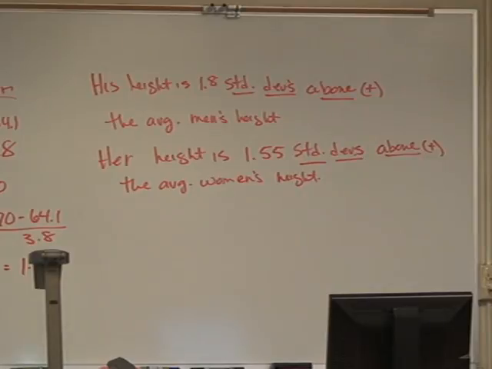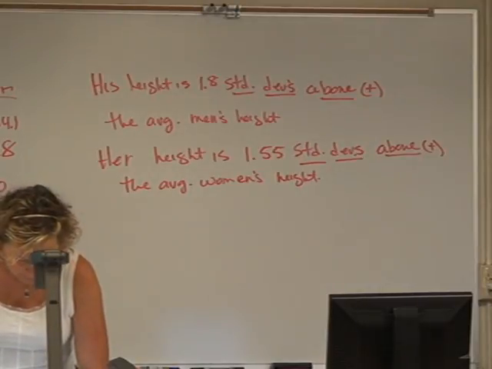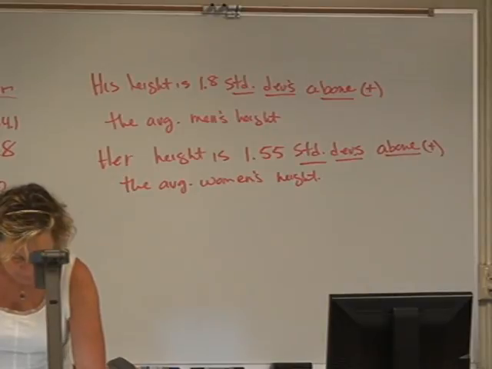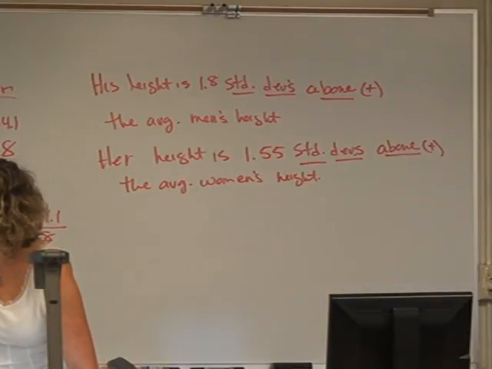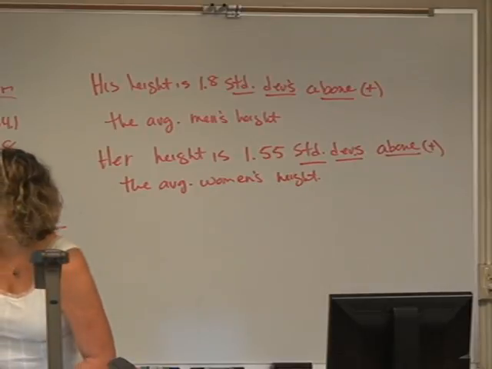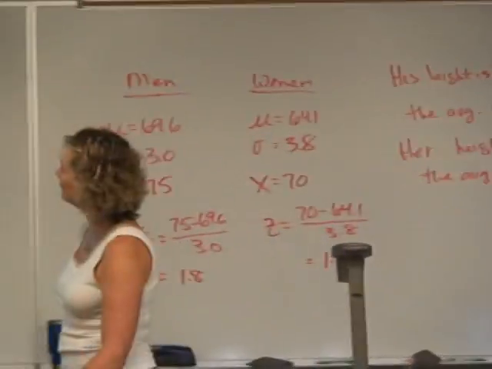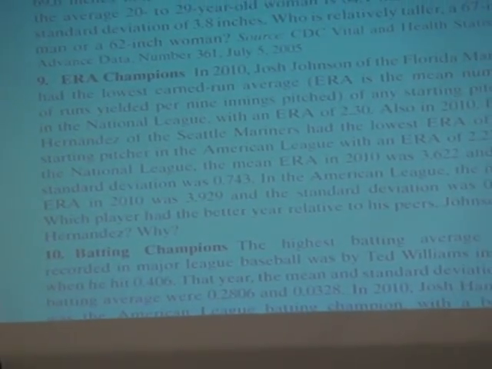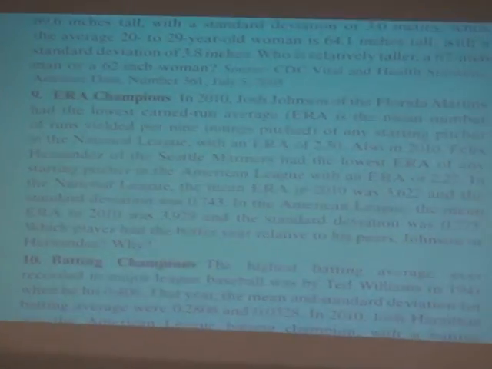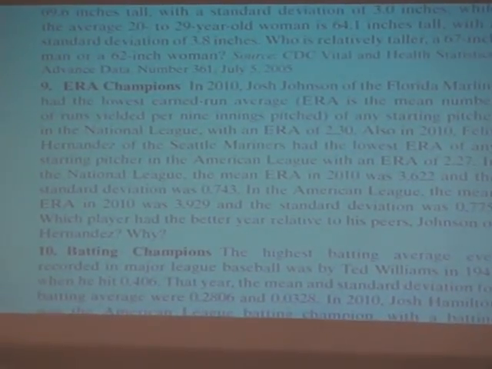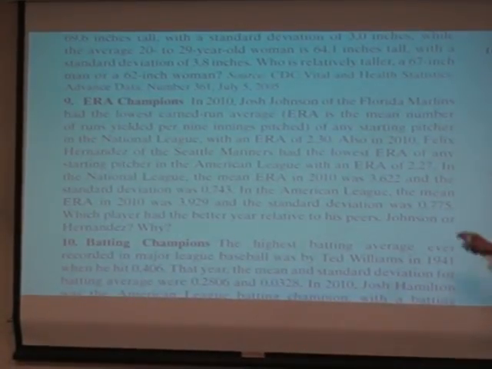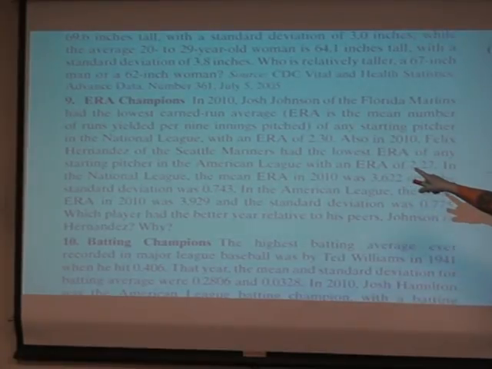Okay, let's try another one. In 2010, Josh Johnson of the Florida Marlins had the lowest earned run average, the mean number of runs yielded per 9 innings pitched, of any starting pitcher in the National League, with 2.3.